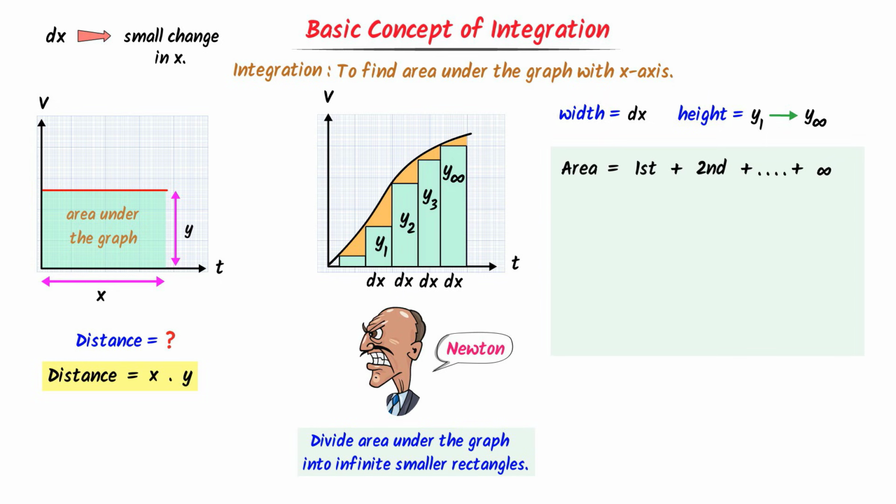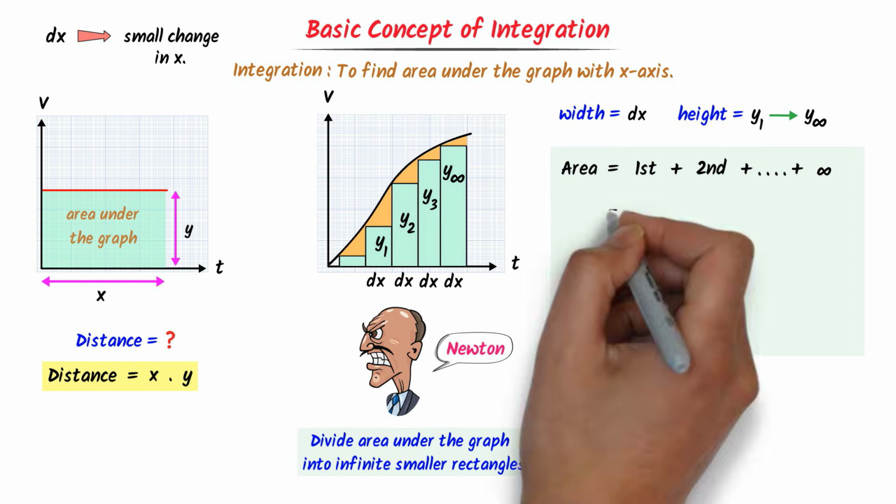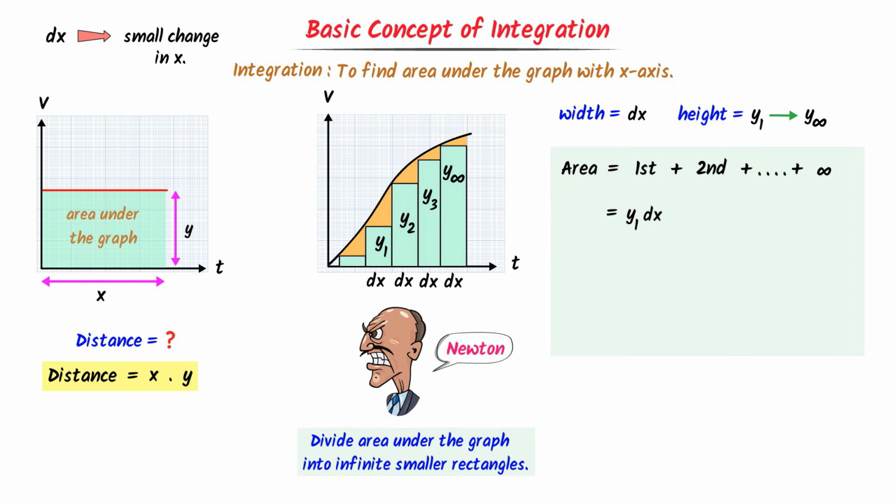We can see that the area of the first rectangle is y1 into dx plus the area of the second rectangle is y2 into dx plus the area of the third rectangle is y3 into dx plus up to the area of the infinite rectangle, which is y infinite into dx. Here dx is common.